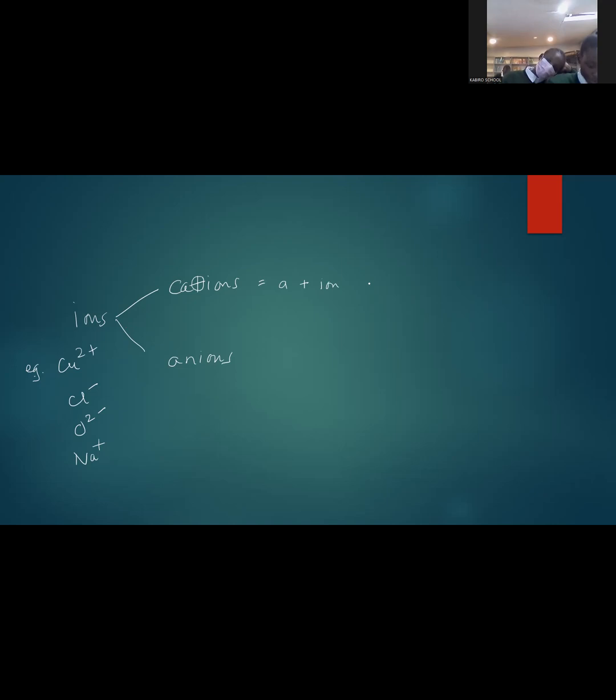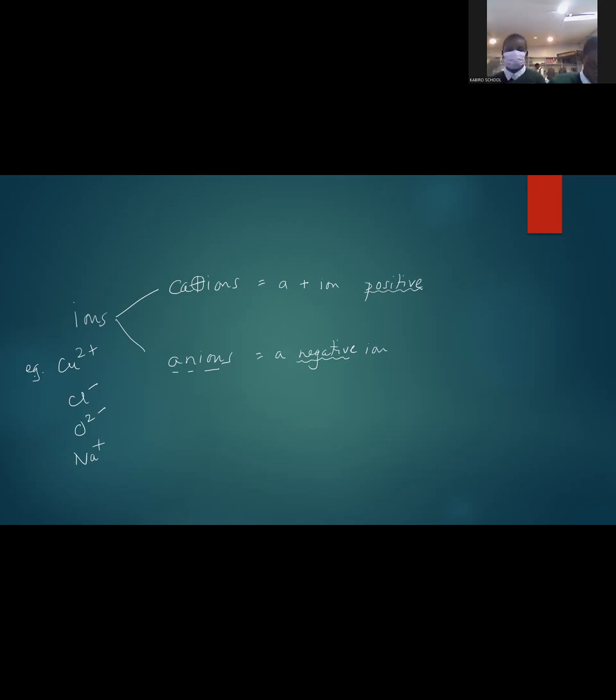So cations are positive. And anions, I say it's AN ion, in other words, a negative ion. Anions are negative. Now that is very useful. If you can remember whether something is an anion or a cation, that will help a lot.